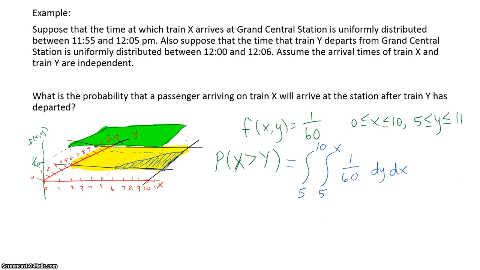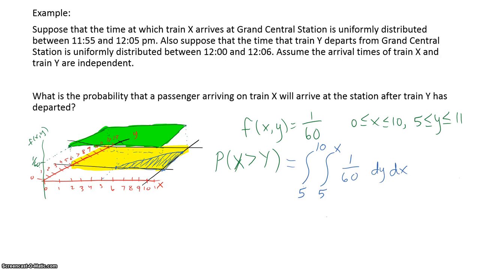Okay, so your integral should look something like this. We're going to take our PDF, 1 over 60, and we're going to integrate over the area that corresponds to the event that x is greater than y. Now, we know that y has to take on values of at least 5 and only values up to x because x is greater than y.